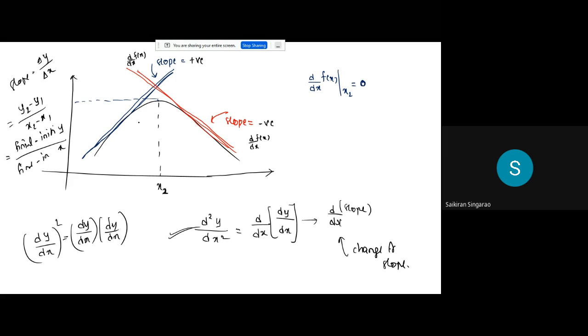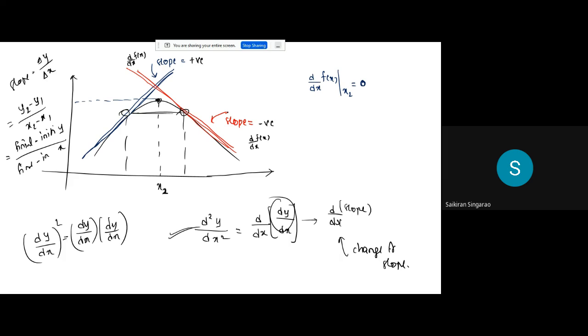Now tell me, say I want to find the slope of slope. dy by dx I already have. Around this point, between these two points, I want to find the slope of slope. So what will be final minus initial?